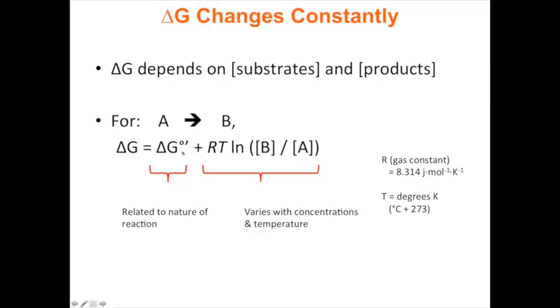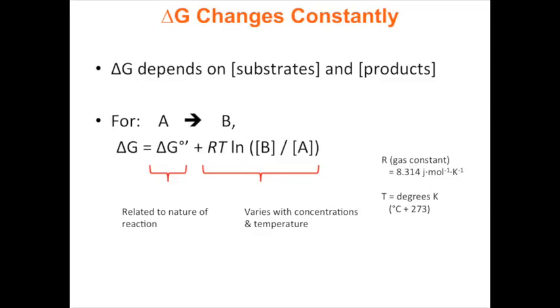So we can compare reactions using the nature of the reaction, and then we can assess how that reaction will behave in a real living system if we know the gas constant, which is always the same, if we know temperature, and then if we know the concentration of products and substrates for this simplified reaction here, A converted to B. So this is simply a way that we can get a handle on the spontaneity of the system without being inside the system and without knowing the conditions that are inherent to that system at any point in time. It removes that variability.